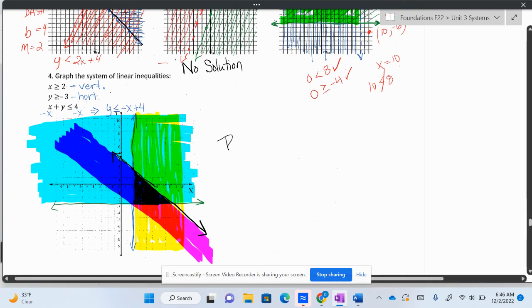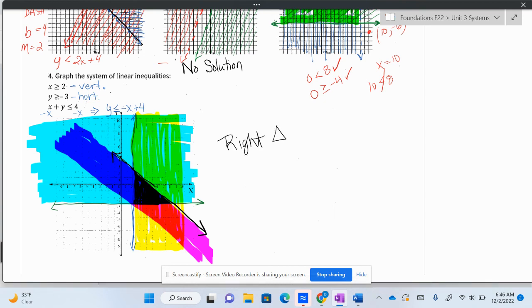So we have just created a right triangle. The shape is a right triangle. And sometimes we may ask you something like, what is the area of the triangle?